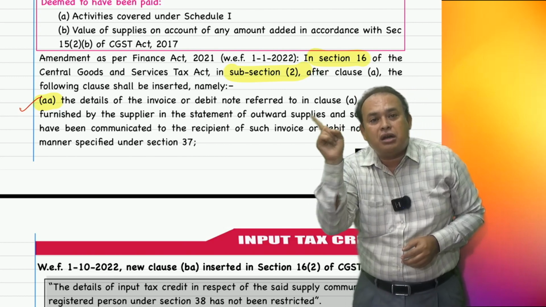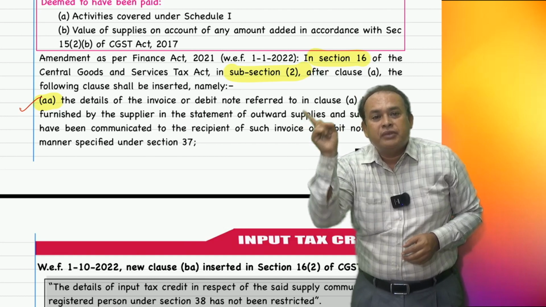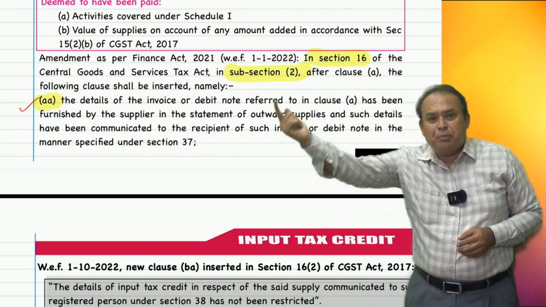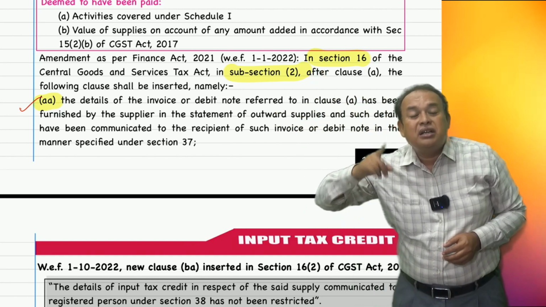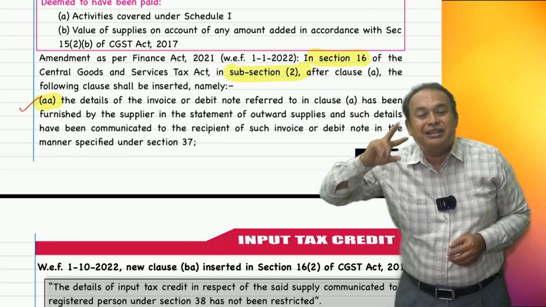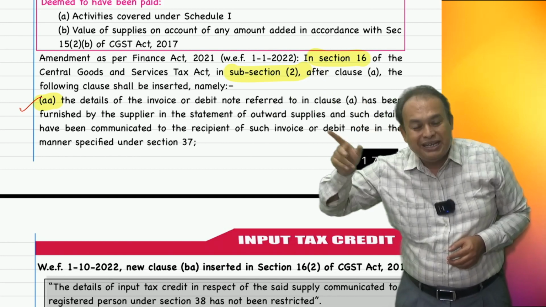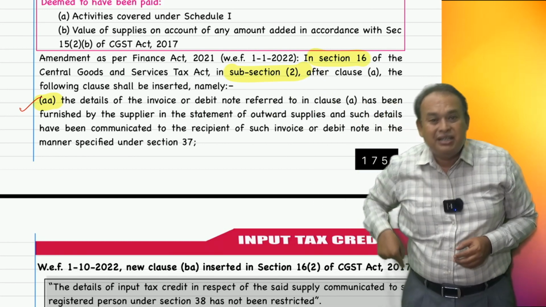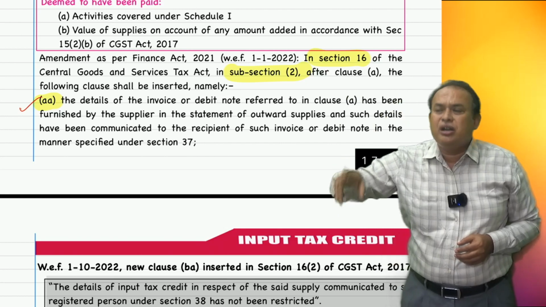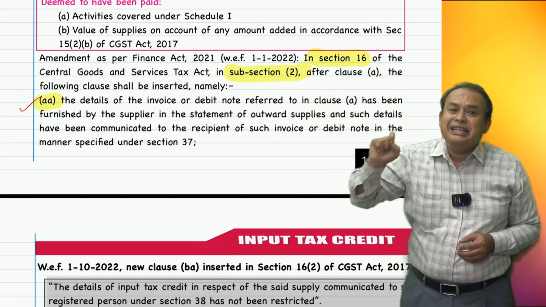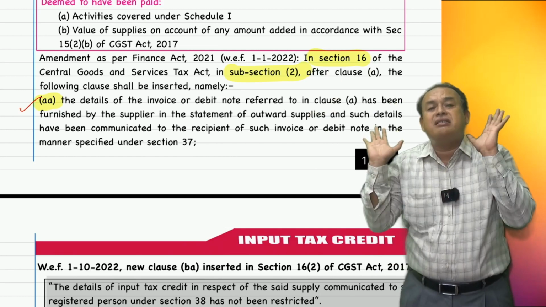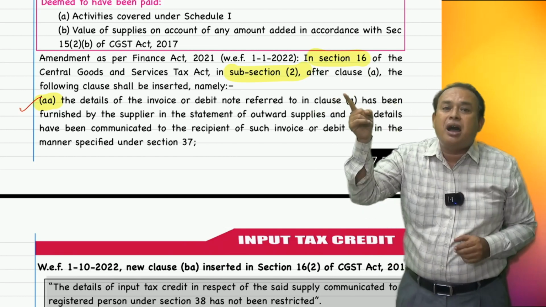Consolidated values are not allowed. Mr. X, you supply the goods to Y. That invoice number, the date, the value, the buyer name, buyer GSTIN, GST thereon, all you have to furnish in the GSTR1 return.